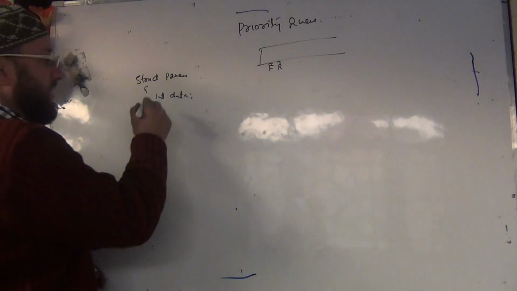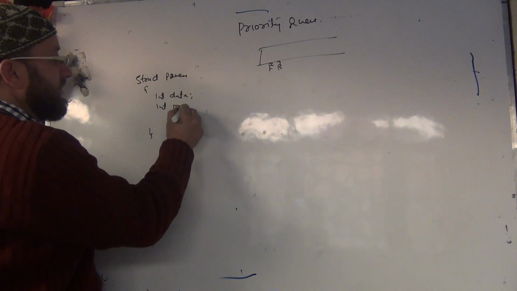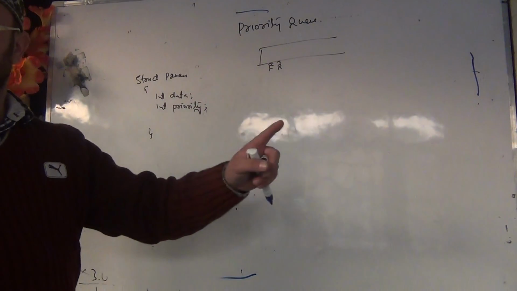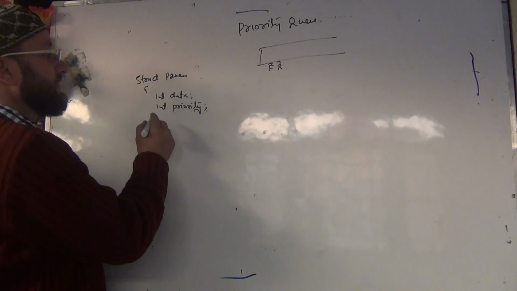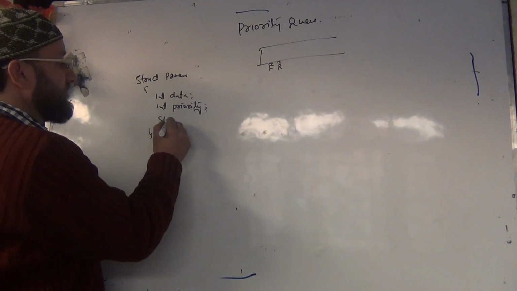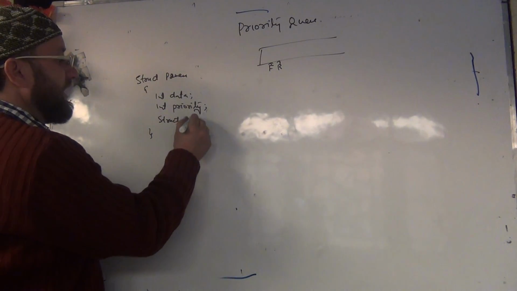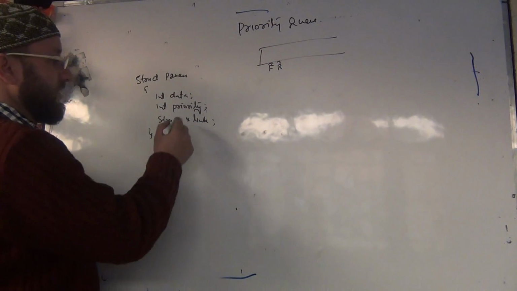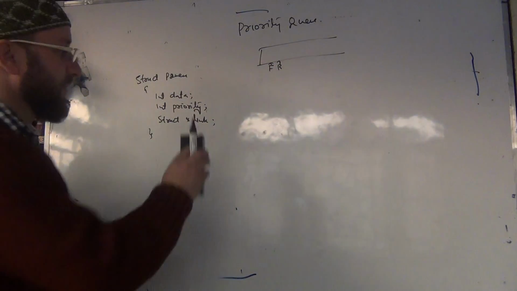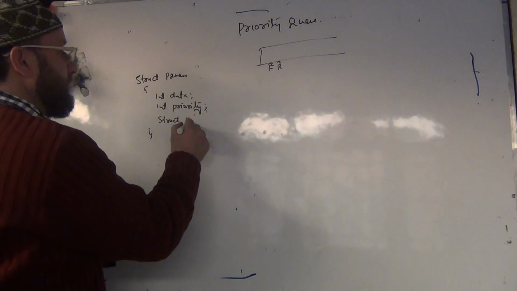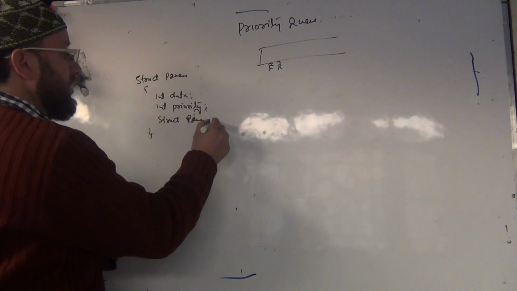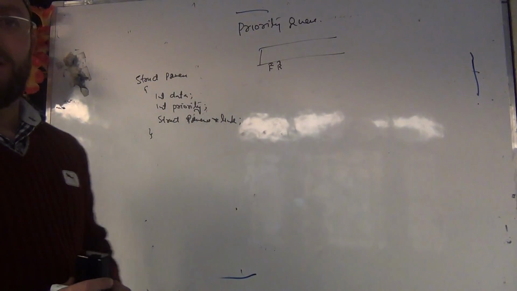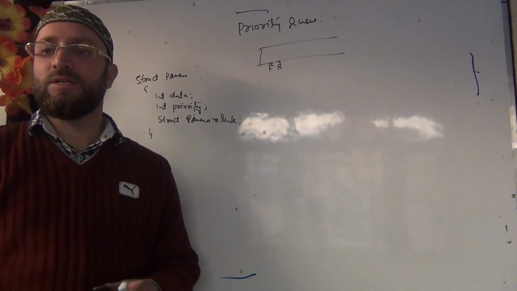Int priority, because according to this priority I'm going to maintain my queue. And the third thing is struct PQ asterisk link, because this is the link which points to the next node.